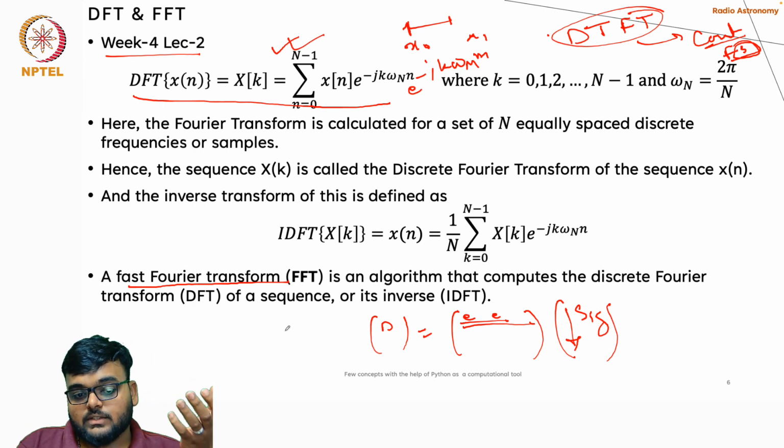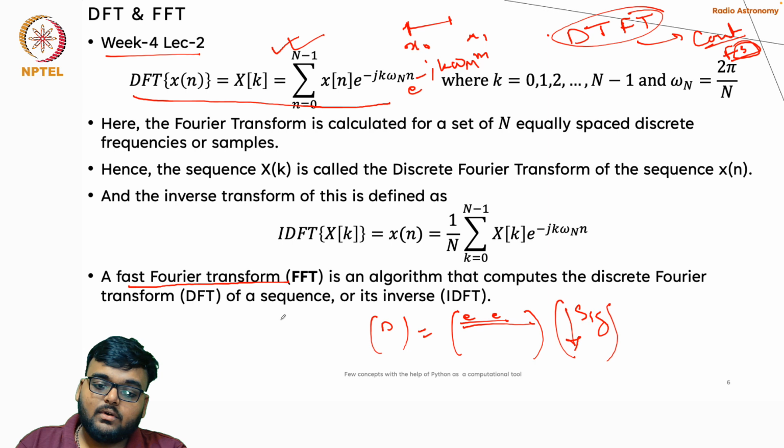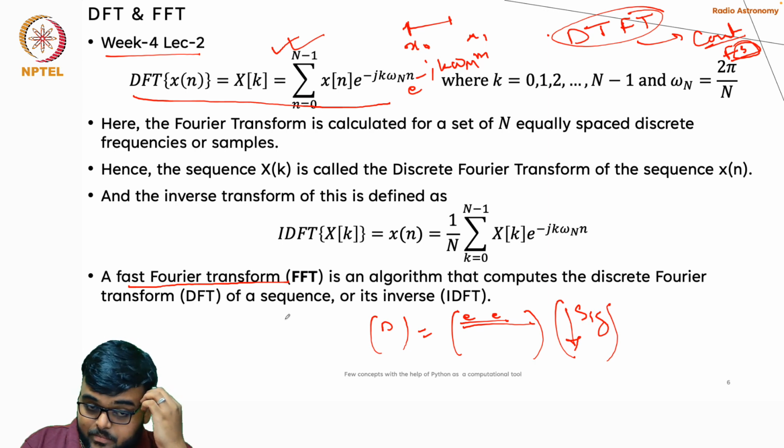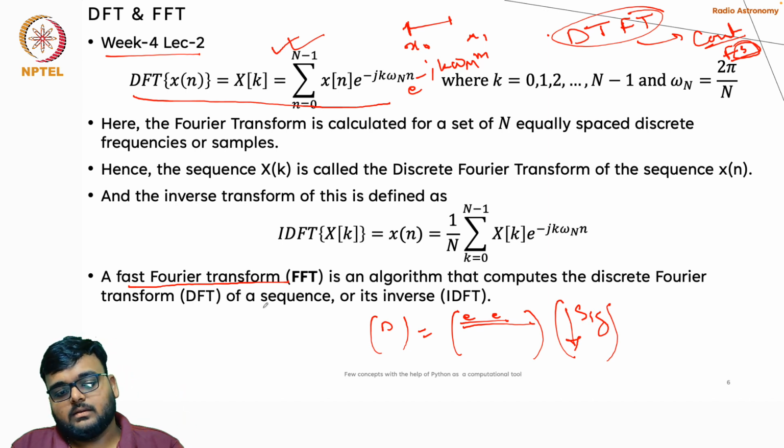So fast Fourier transform is an algorithm which computes DFT or inverse DFT. There are multiple algorithms in this, but collectively they are called FFT, which is nothing but an algorithm which can perform DFT.